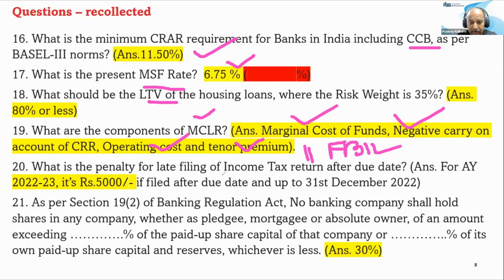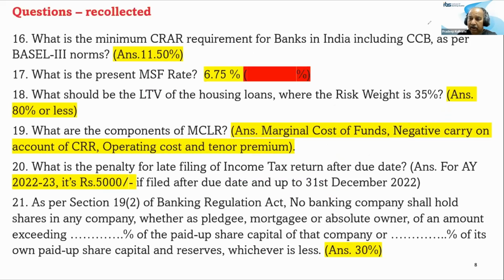Then next, penalty for filing delayed return, 5,000 if filed after due date but up to 31st December. Then again, there will be an additional interest liability on the due income tax. Then, as per section 19(2), that is 30%.